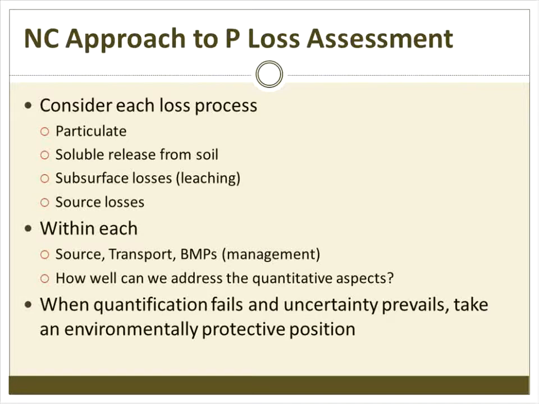So this is a runoff pathway, but we wanted to separate the source loss pathway from the soluble phosphorus released from the soil. We consider the source, we consider the transport, and we consider the conservation practices that are used. We want to address it in a quantitative way, and we're going to talk about how we do that.